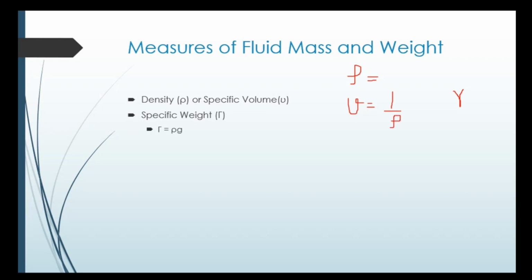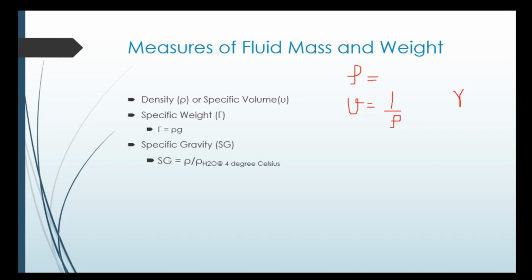So whether it's specific volume or density, they carry the same meaning. So specific weight gamma is rho multiplied by gravity, rho g. If you have the density of a fluid and you multiply it with gravity, then you will have the specific weight of that fluid.